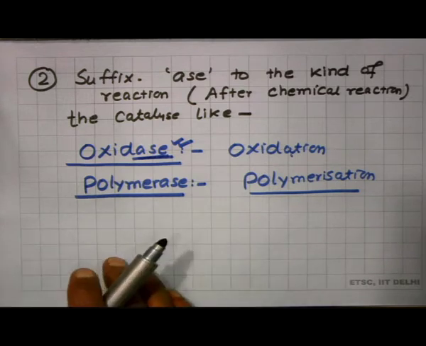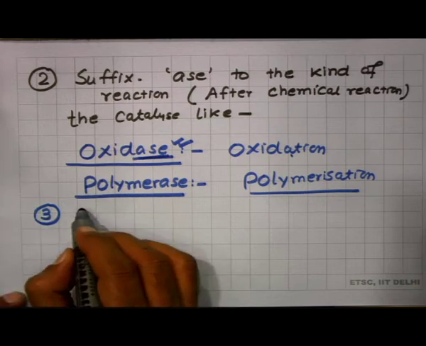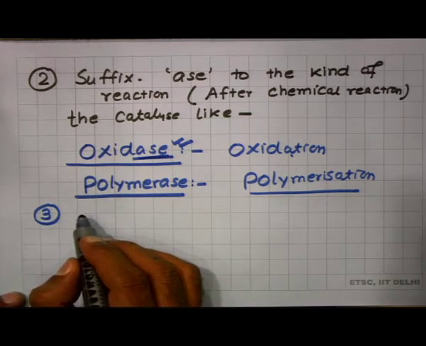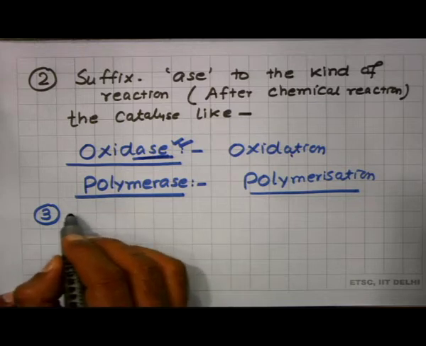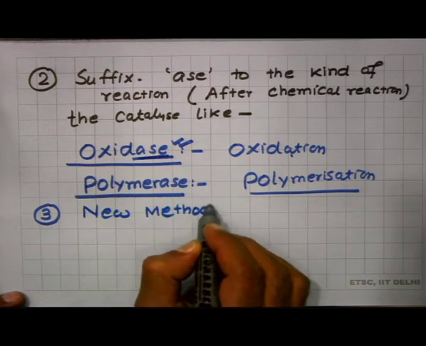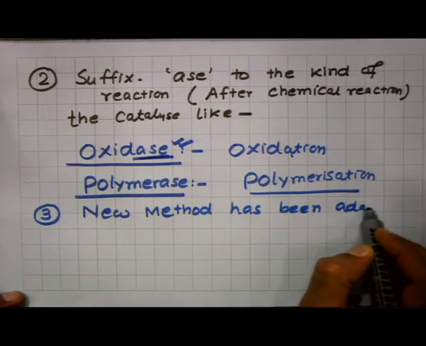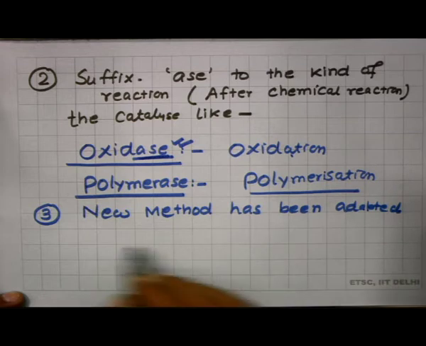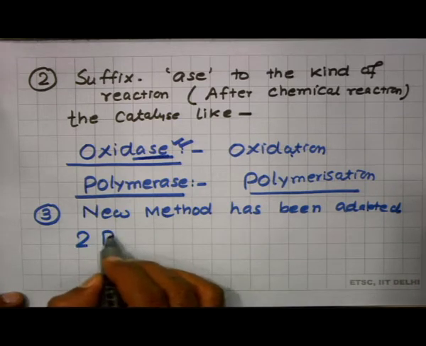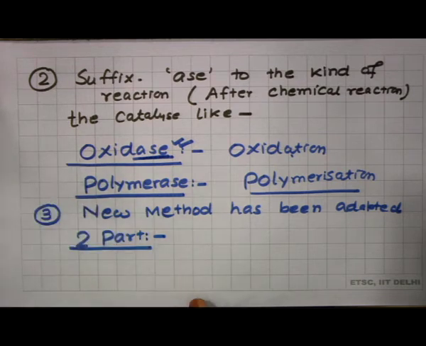More recently, according to the IUB, a new method of naming enzymes has been adopted. It has two parts. When the above two parts are combined, they form the recent name of the enzyme.